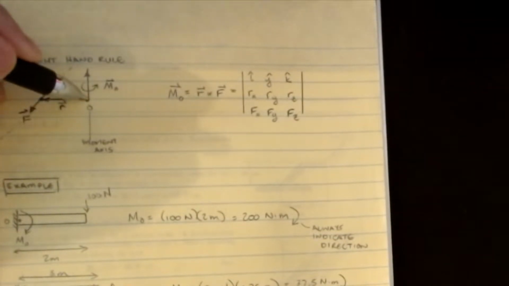And again, it doesn't have to be in the x, y, or z direction. It could be in some three-dimensional line, if you will, that the r is from a point on the axis of rotation to a point somewhere on the force.